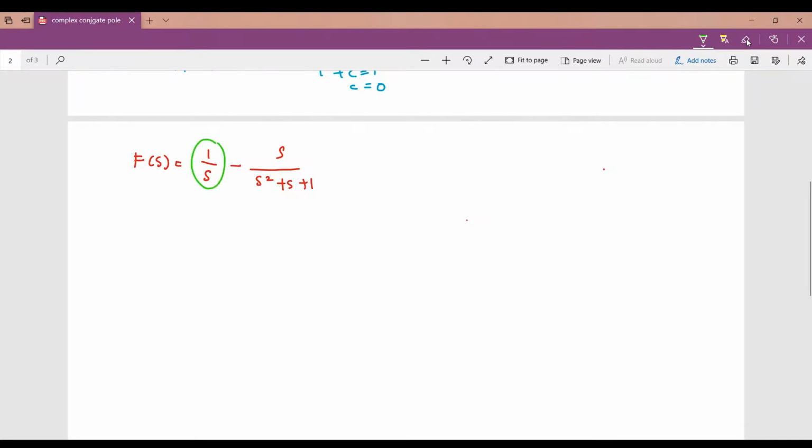So this part is actually settled. Okay, this part in the S domain is 1 over S, so in the T domain it is equal to 1, right? Which means it is a unit step, so you don't need to change it yet. But this one is not in the right form yet, so I need to solve this one with a slight modification.